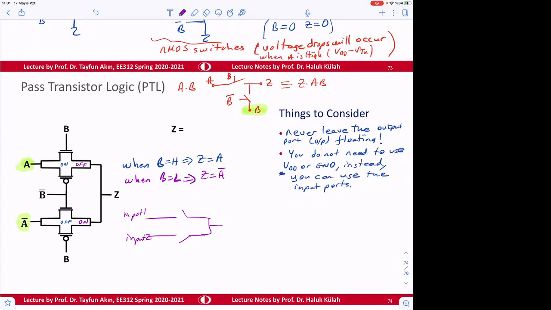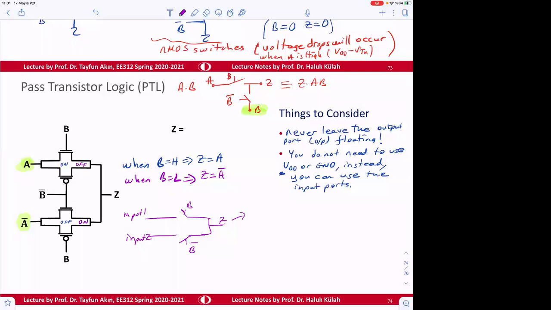I mean, instead of putting the full switch here, just to show you the concept, if this is switch, this is B bar, then Z, okay, output.